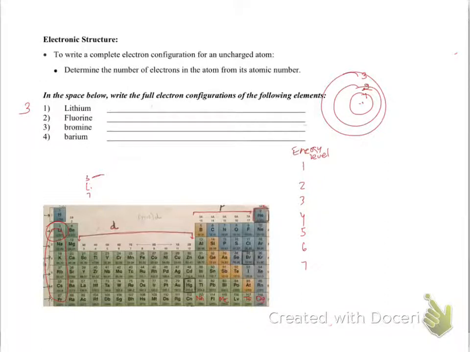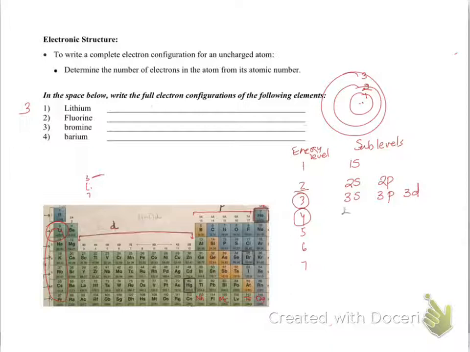These energy levels are further subdivided into sublevels. The first energy level is subdivided into one sublevel, we call it 1s. The second energy level is divided into two sublevels and their names are 2s and 2p. The third energy level is divided into three sublevels, we call them 3s, 3p, 3d.